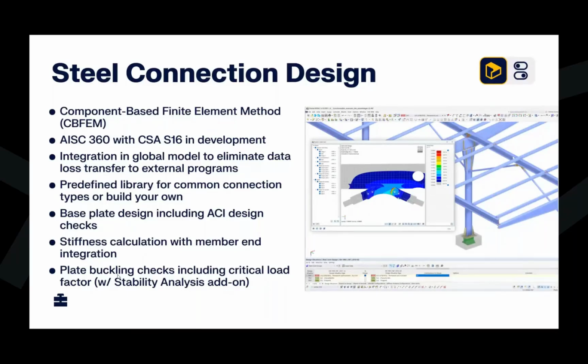And with the click of a button, we can actually export out this stiffness to the member end condition. So therefore, when we're designing our member, we're taking into account the true stiffness of the connection with that K value, rather than considering it fully pinned or fully rigid.